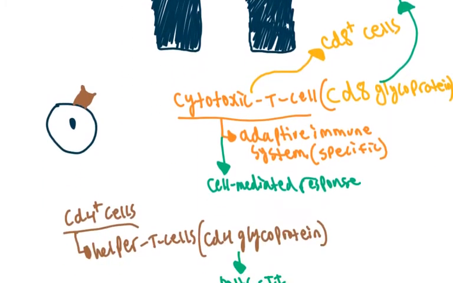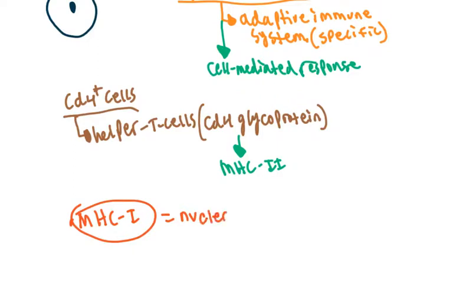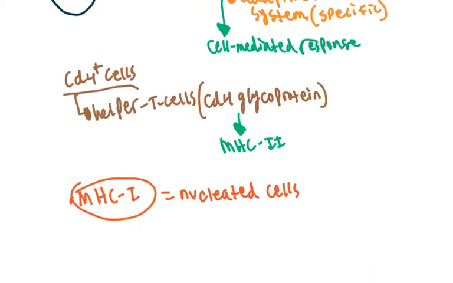Another thing to know is that MHC-1 complexes are present on most nucleated cells, so cells that have a nucleus will have an MHC-1 complex on them.